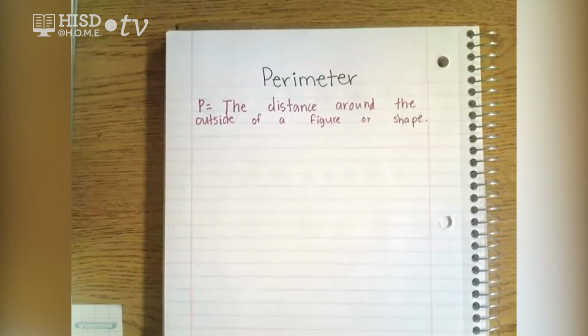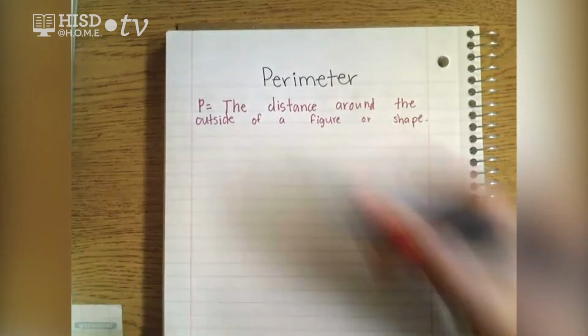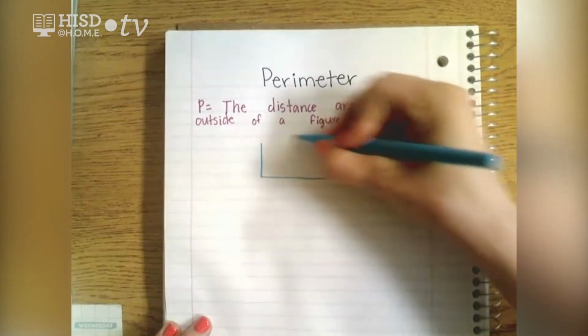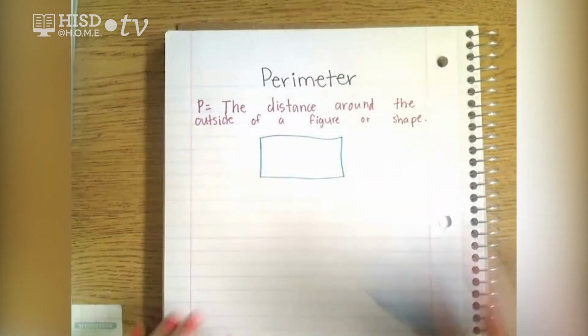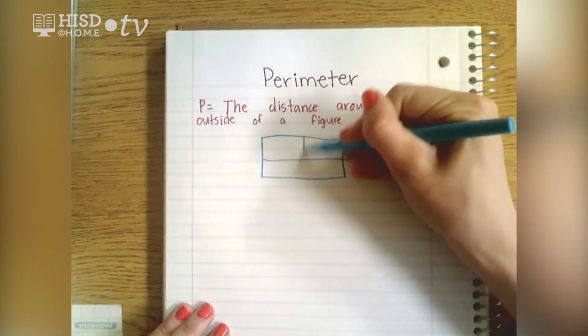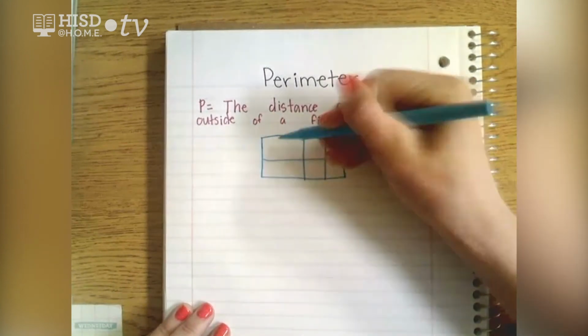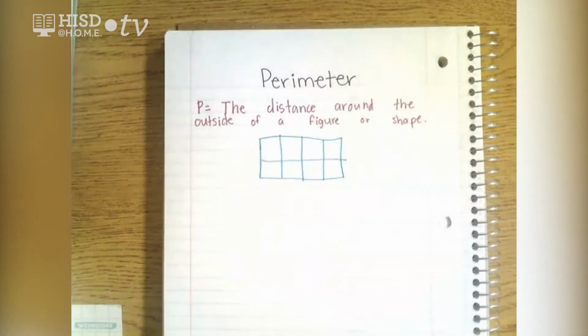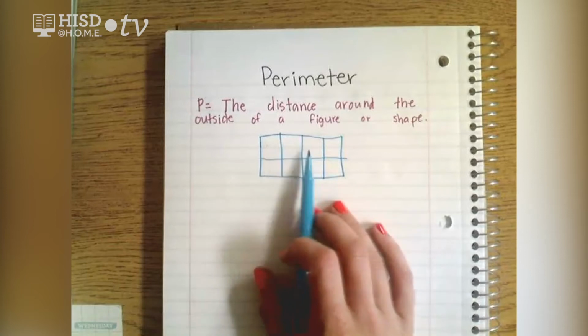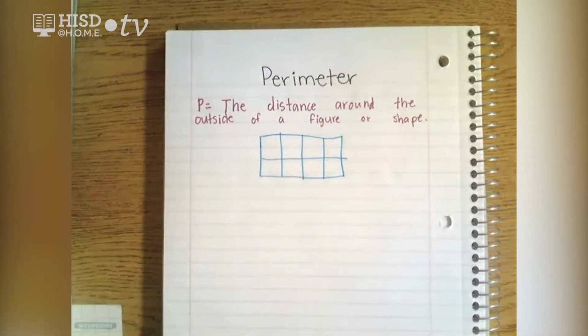In order to find this, let's look at an example of this. So let's say we have a rectangle, right? And I'll say the rectangle is broken up like this. If we were looking for the area, we'd multiply 2 times 4 to get a total, our area.